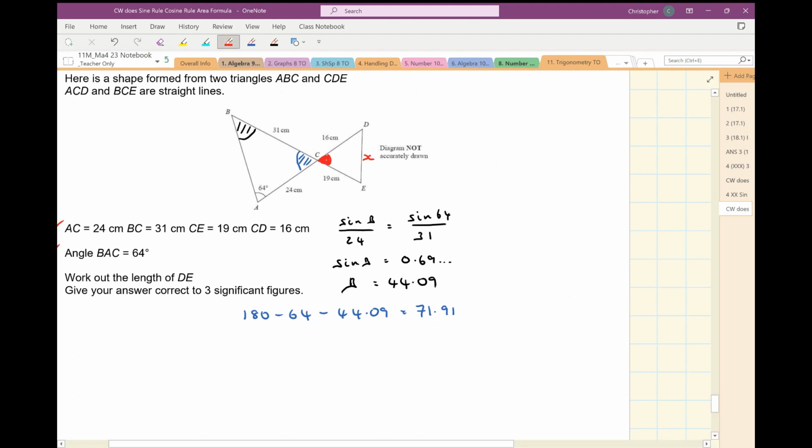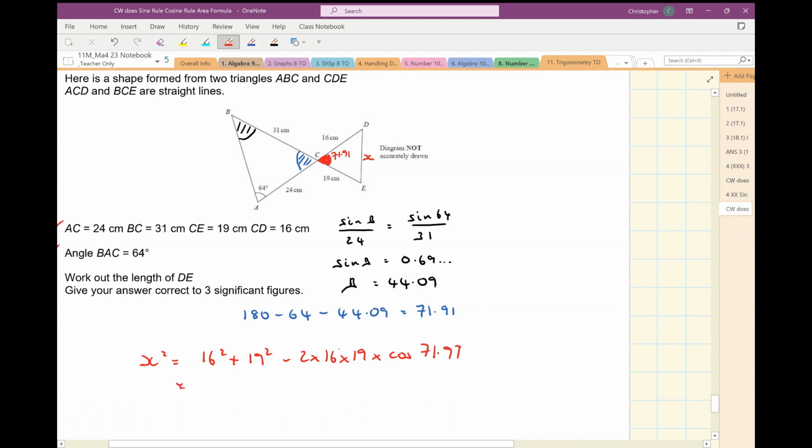Great. Now use the cosine rule to find x. Well, the red angle, first of all, is going to be 79.91 because it's vertically opposite the blue angle. So now, x squared equals 16 squared plus 19 squared minus 2 times 16 times 19 times cos the angle in between them.